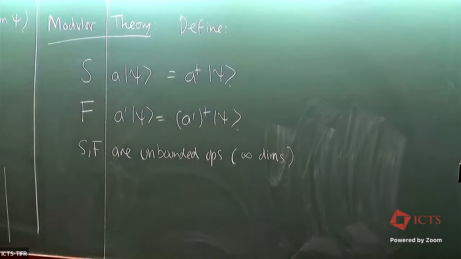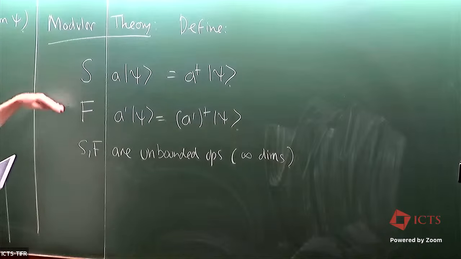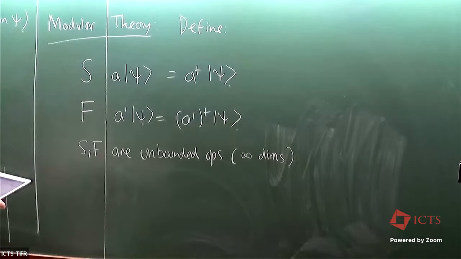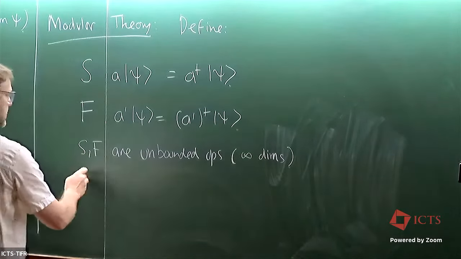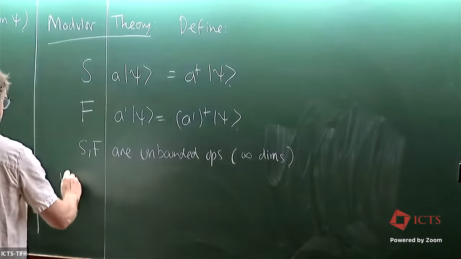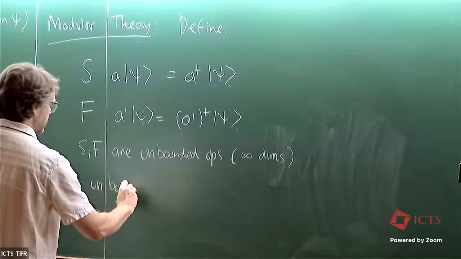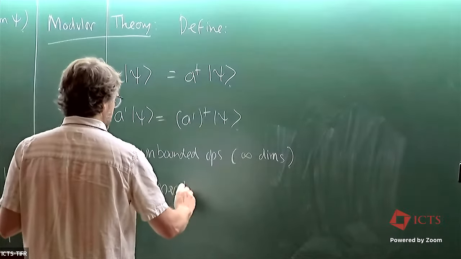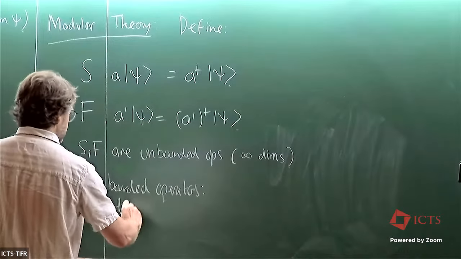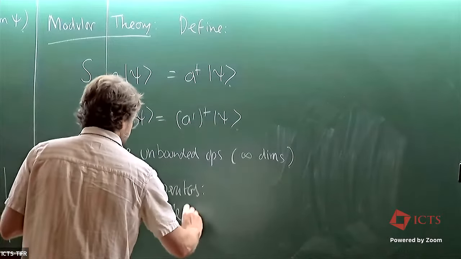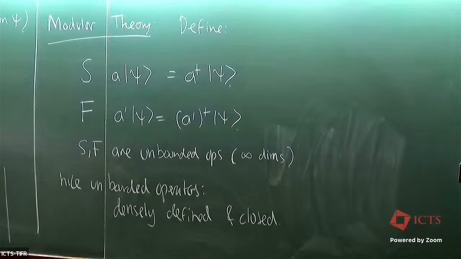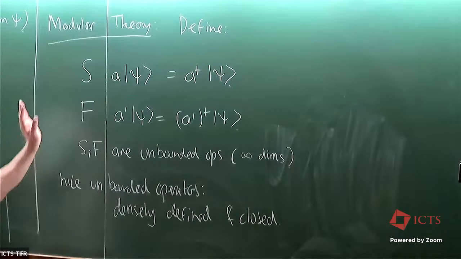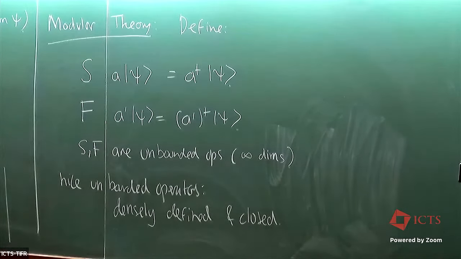In order to do that, they have to satisfy certain nice properties. We're aiming for nice unbounded operators that are densely defined and closed. Once we have these conditions, which I'll give some hint at, then we can do the usual things with these operators that we like. That's the point here.